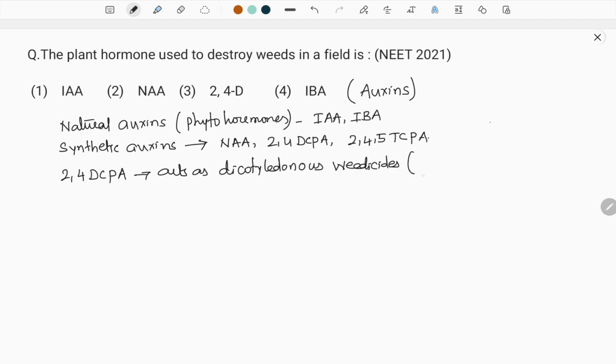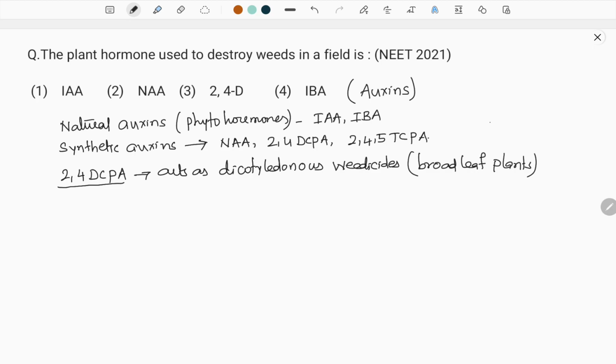We can also call them broad leaf plants, because we know that dicots contain broad, dorsiventral leaves, whereas monocots contain narrow, cylindrical, vertical leaves. So broad leaf plants and dicotyledonous weeds are both killed by 2,4-D.